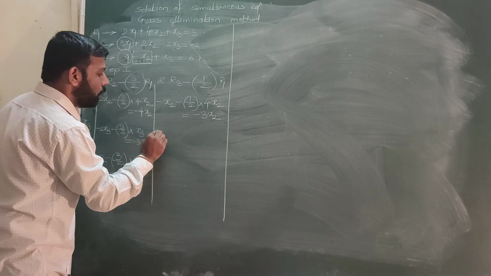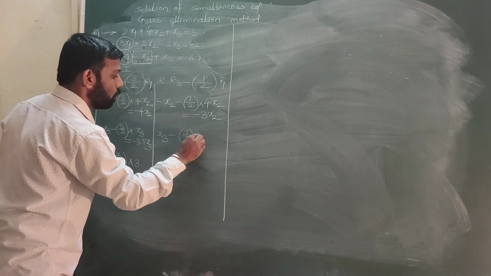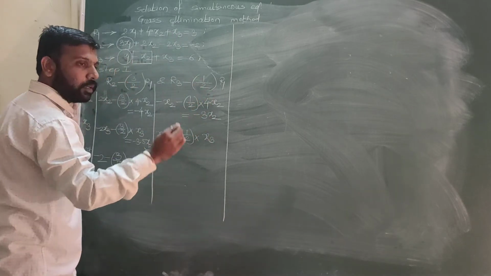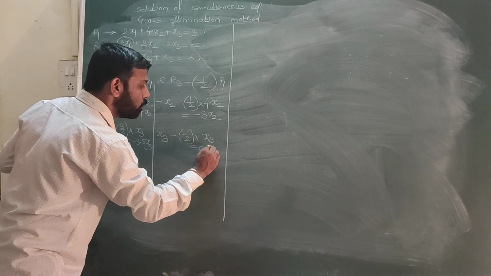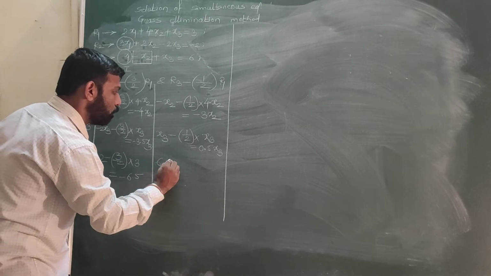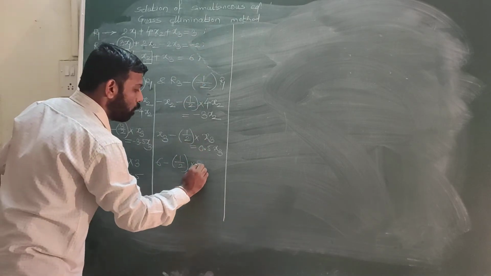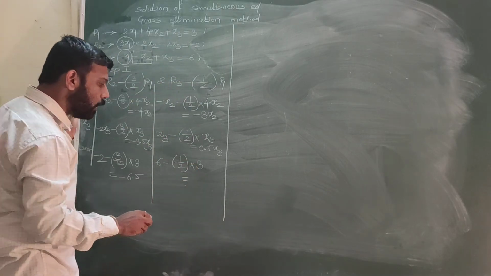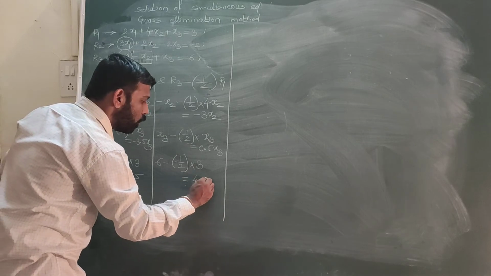Next, x3 coefficient: x3 minus multiplying factor into its R1, which equals 0.5 x3. And the constant: 6 minus 1 by 2 into multiplying factor, with R1 coefficient 3, the output is 4.5.